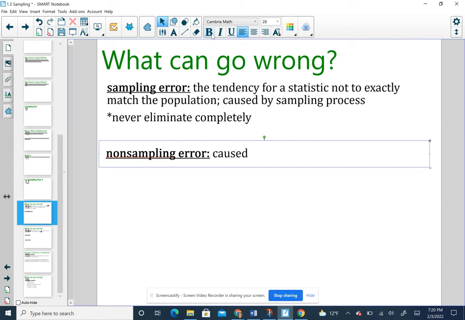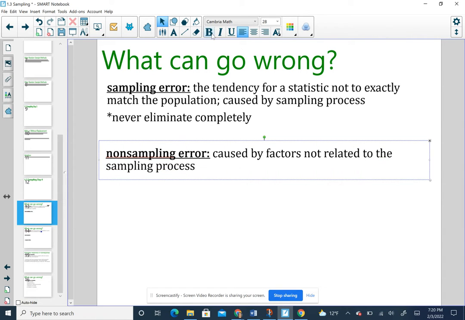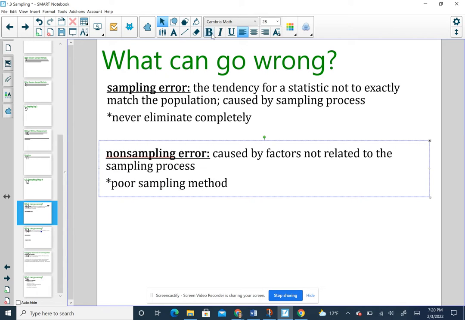Non-sampling error is caused by factors not related to the sampling process. Some examples of this would be choosing a poor sampling method, maybe not the most appropriate for what you're trying to measure. We did that Justin Timberlake activity and discussed, between the systematic and the stratified, what would be our best sampling method here?